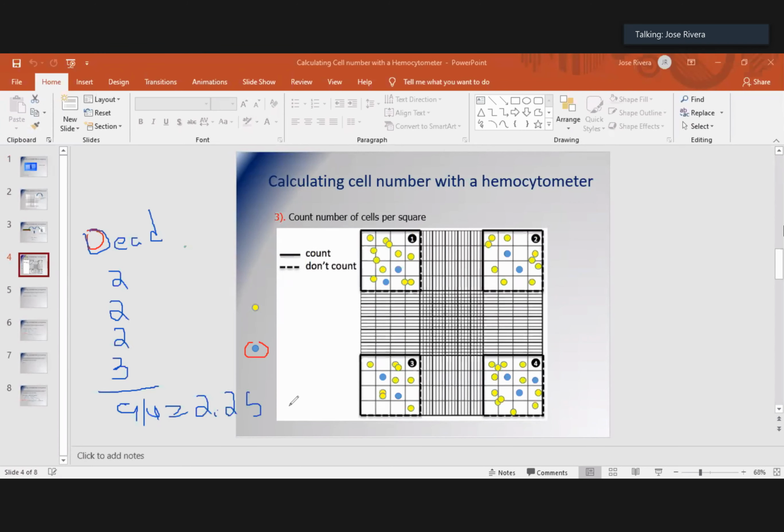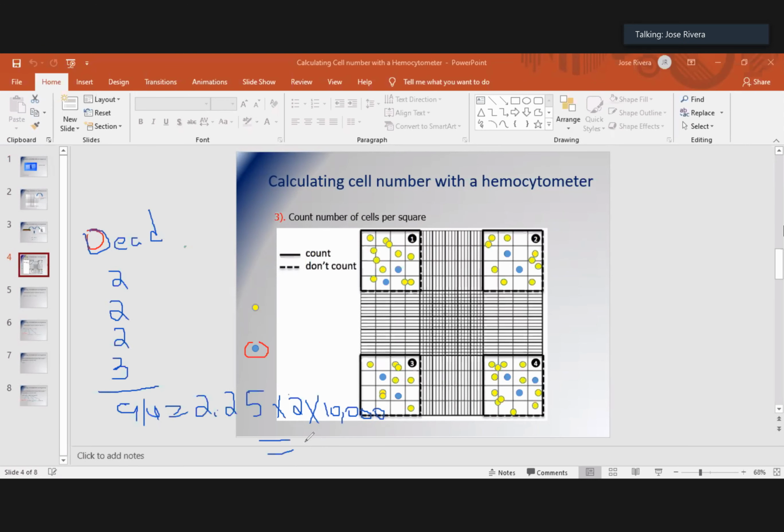Okay, so these are the dead cells. So again, this one depends on the dilution. If you dilute it by 2 again, then you multiply times 2, and then you multiply times 10,000. Okay, so in reality, it doesn't seem like you have a lot of dead cells, but we do.